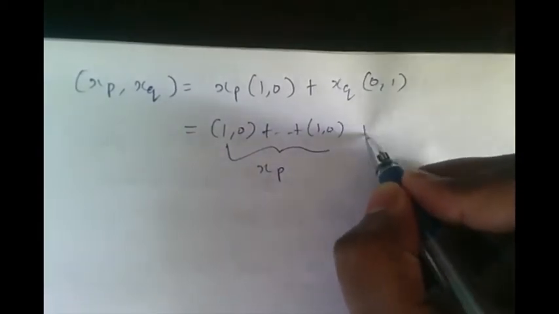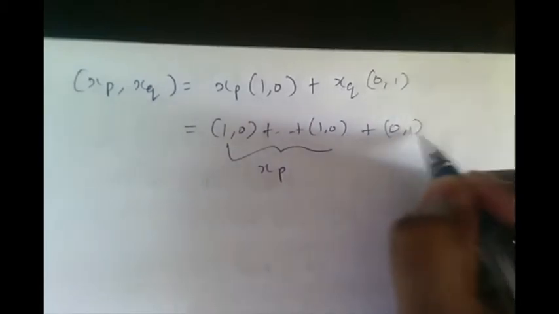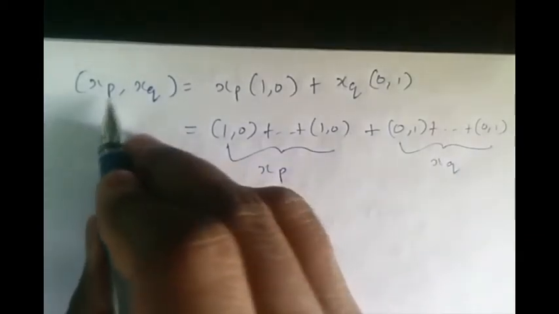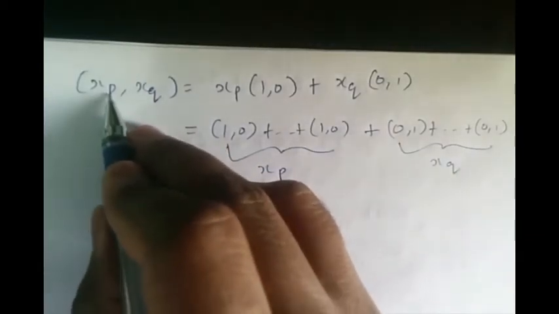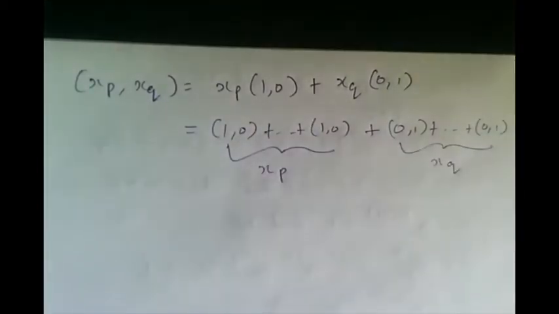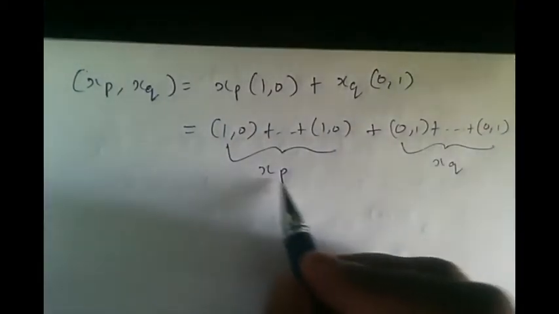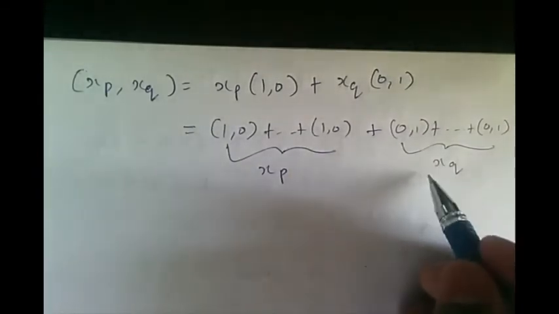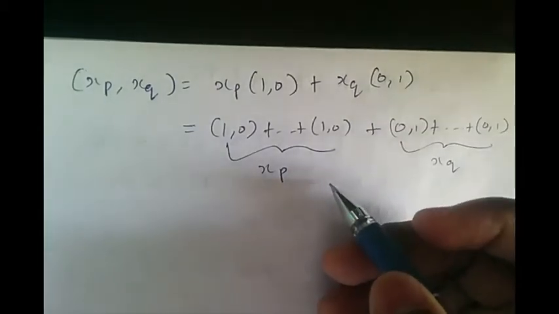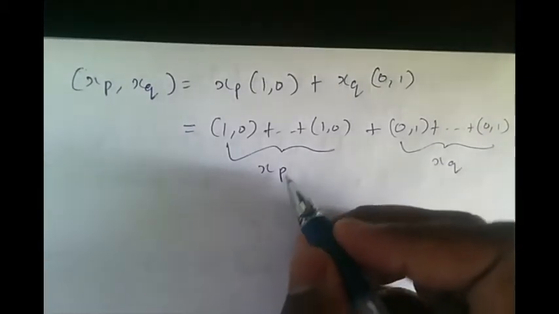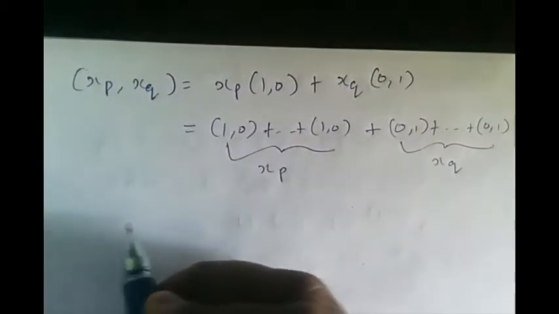And 0, 1 to itself xq number of times. Because xp and xq are integers from 0 to p minus 1. So if xp is 0, you don't have to add it even once, just let it be there. But for any non-zero xp, you just add it that many number of times, and 0, 1 that many number of times. Now by the Chinese remainder theorem, what does 1, 0 map to?